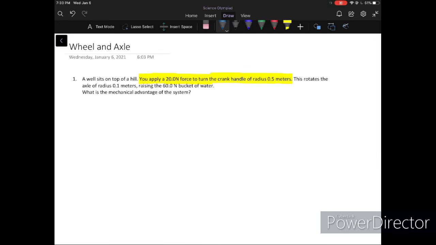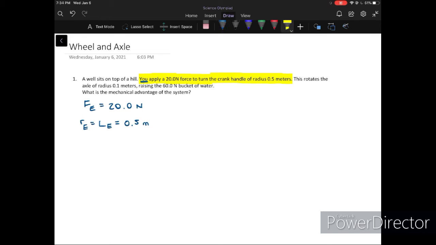This word "you" here is very important because that implies effort. And so what we just learned is our effort force, which is going to be equal to 20.0 newtons, and our effort radius, or our effort length, whatever you want to call it, as long as you're consistent, of 0.5 meters.